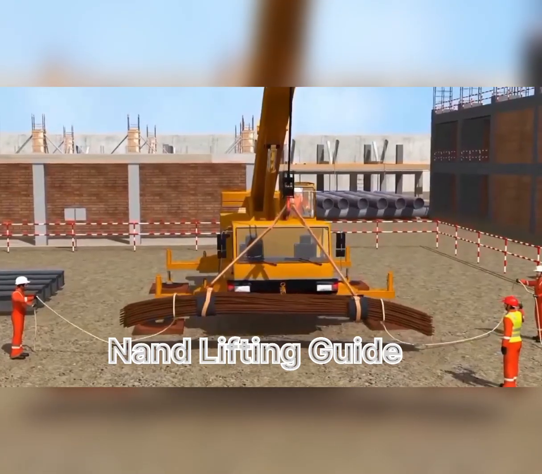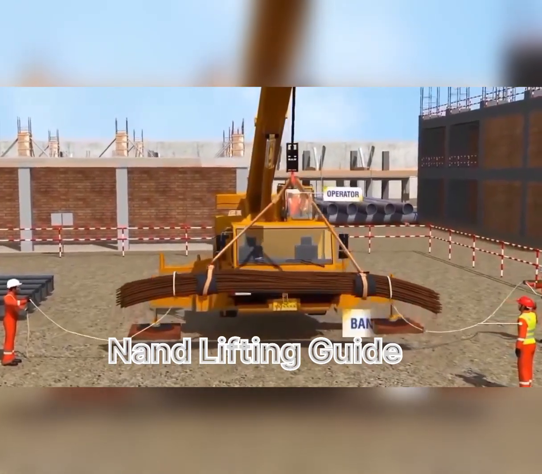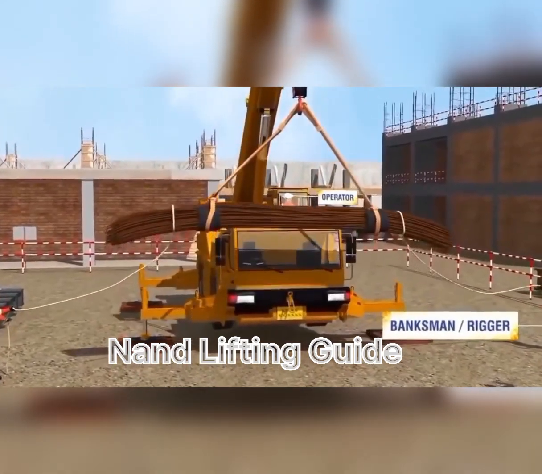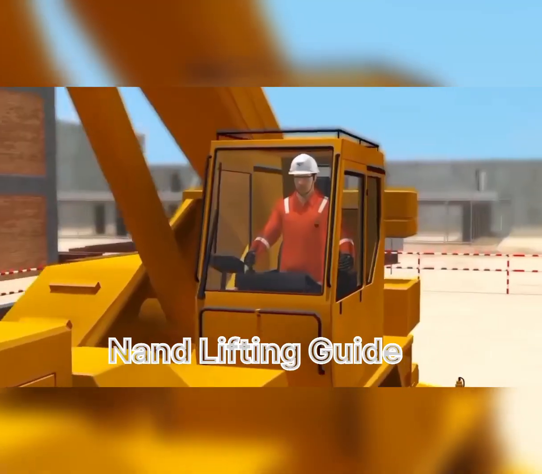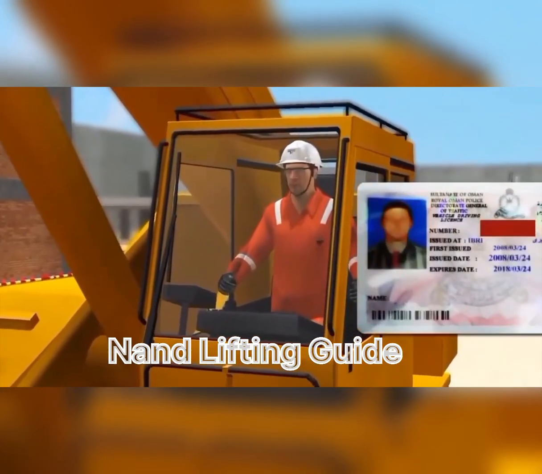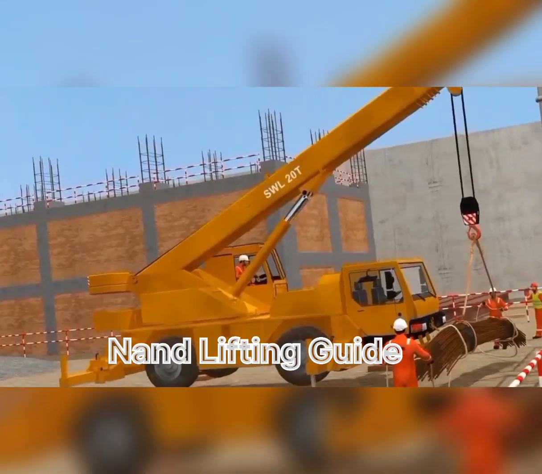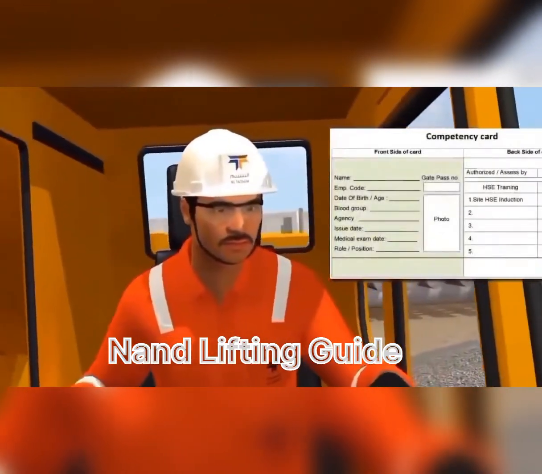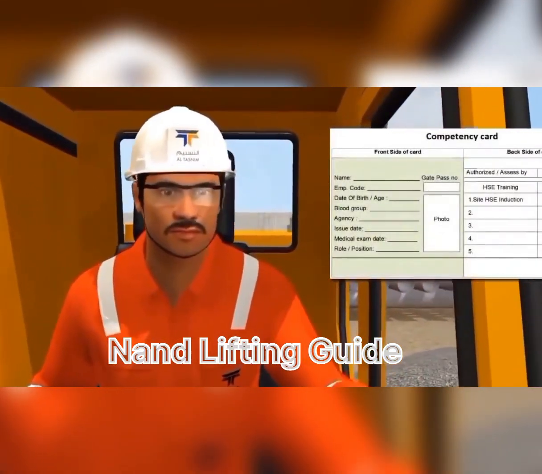It should be ensured that competent, experienced and certified crane operator, banksman and rigging crew are available. Operators should have a valid driving license. The operator or rigger or helper should always have their safety card and competency card with them.